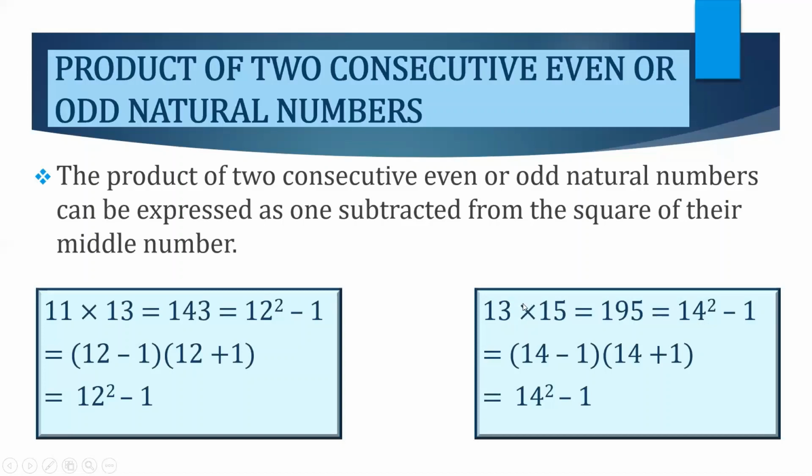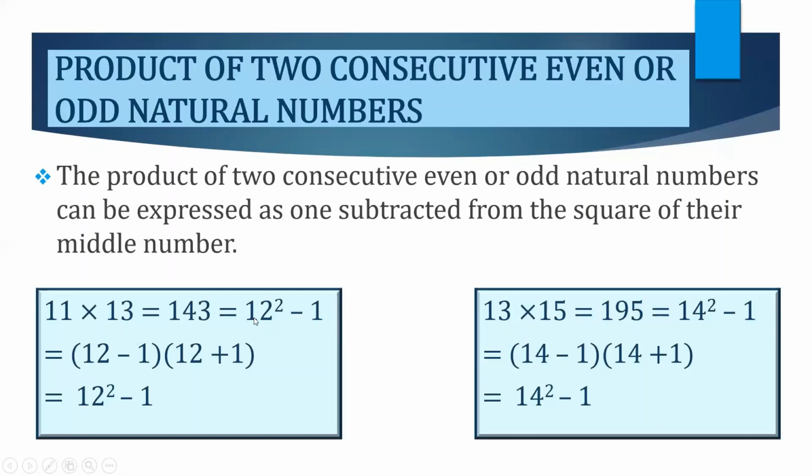Let's take one more example of 13 and 15. So 14 lies between 13 and 15. So we'll take the square of 14. We know that the square of 14 is 196, minus 1, that is 195. Or we can also do it as 12 square minus 1.